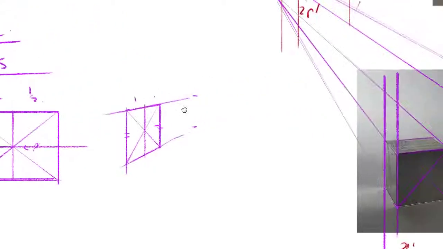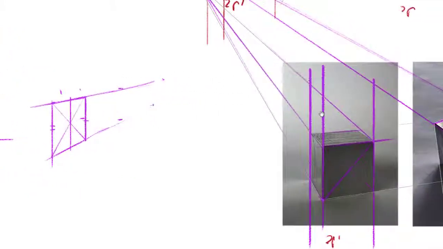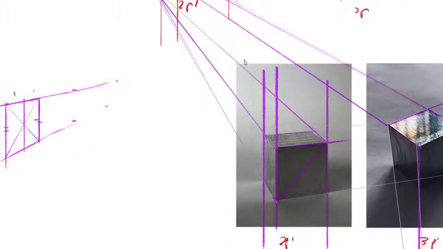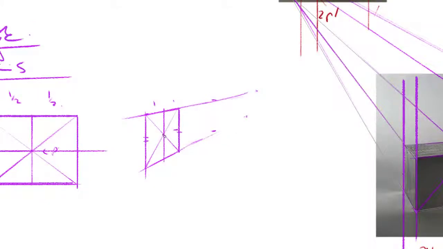Now you just have to keep track of things. Remember, all physical parallel lines converge to a single point. So these go to a point somewhere. This is why it was important to figure out the grid and know exactly where the vanishing points are, so that I can demonstrate the concept to you guys.